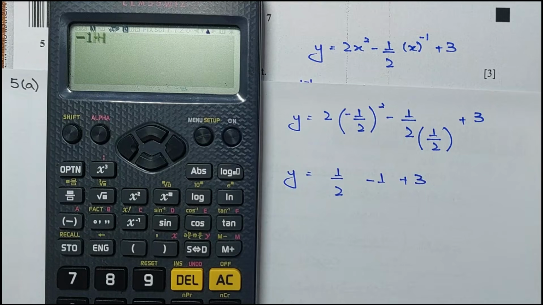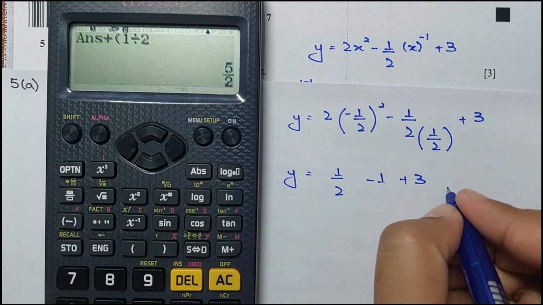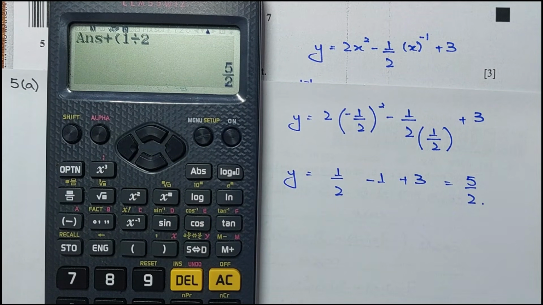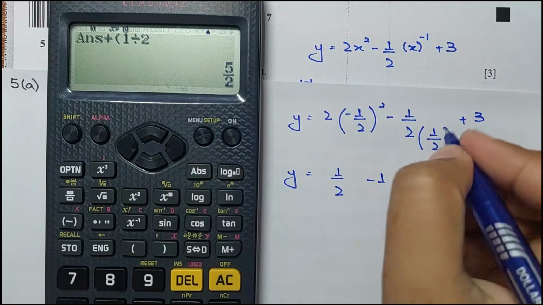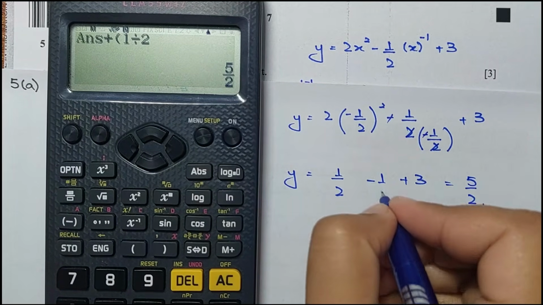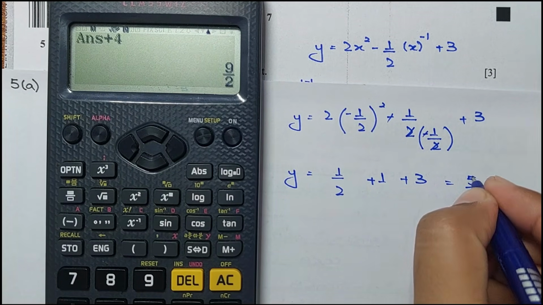Minus 1 plus 3 is 2, plus 1/2 is 5/2. Wait a second, it's negative 1/2, so it cancels out. Minus 1 is minus 1, so it's plus 1. And 1/2 added to 4 is 9/2.